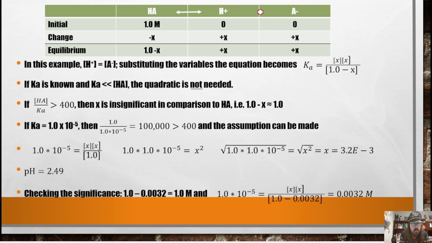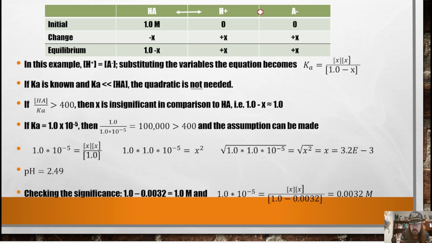If Ka is known, and hopefully Ka is known, and Ka is significantly small, much smaller than the concentration of our initial acid, no quadratic is needed because we're going to make one key assumption: that if the HA concentration divided by the Ka is 400 times or more, that means the amount of dissociation of the initial acid is so small that it becomes a rounding error.